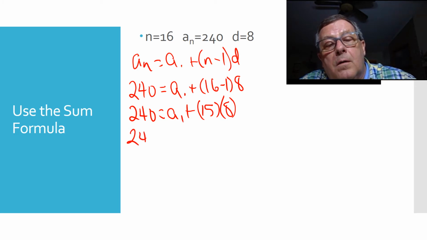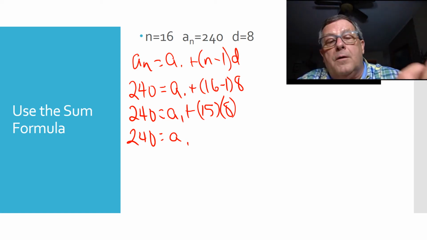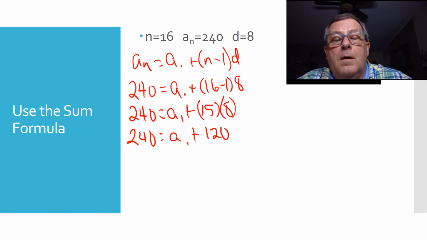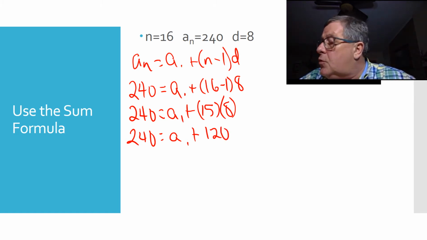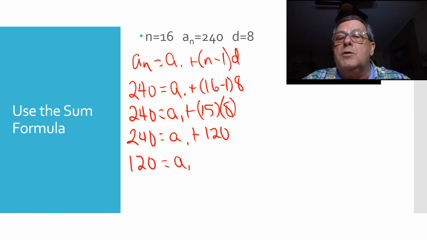And what's 15 times 8? 120. And to find a1, we're going to subtract 120 from both sides. And that's going to leave us with 120. 240 less 120 is going to be 120. And so a1 is 120.